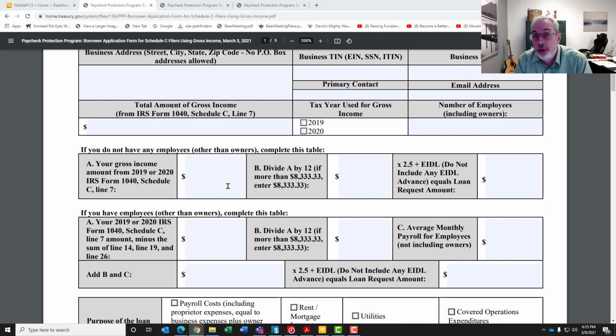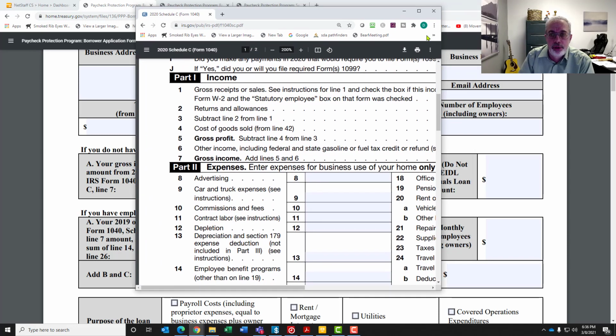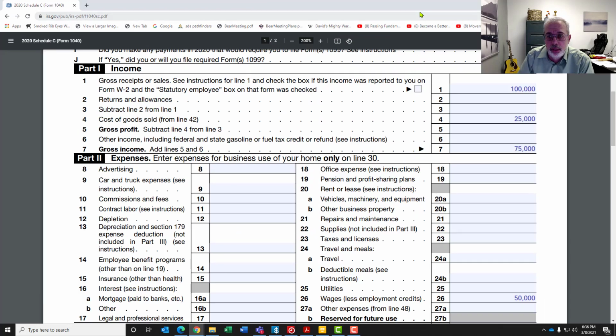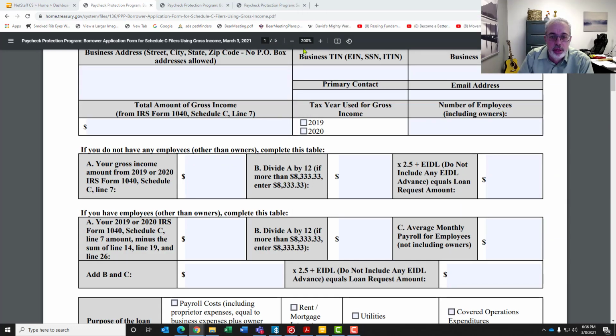And so if you have no employees, it's that simple. Go to line 7. And my example here, line 7 was gross less my cost of goods sold is 75,000. So in that example, we would put 75,000. We would then divide that by 12.